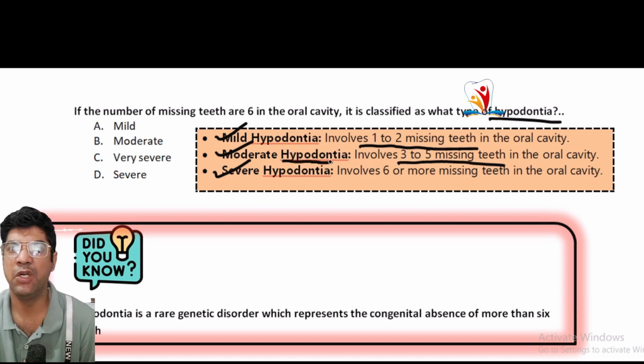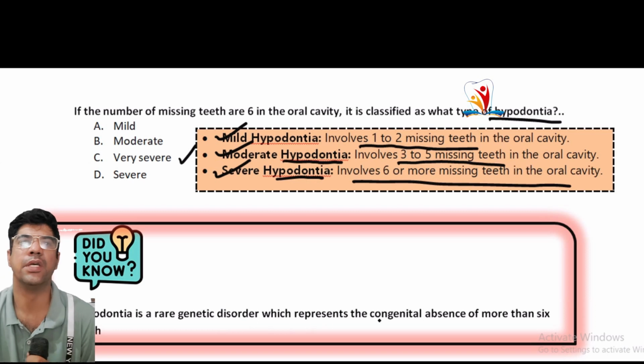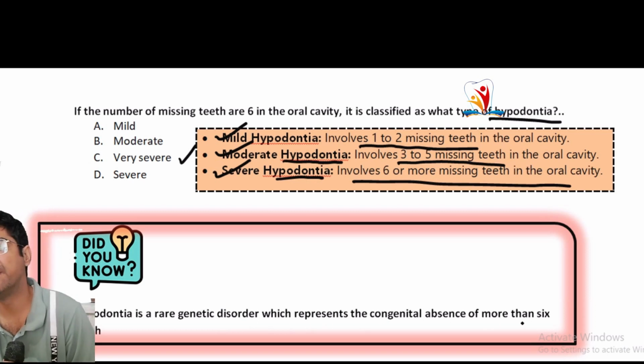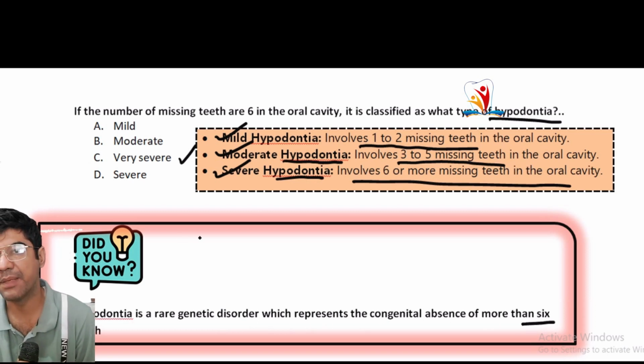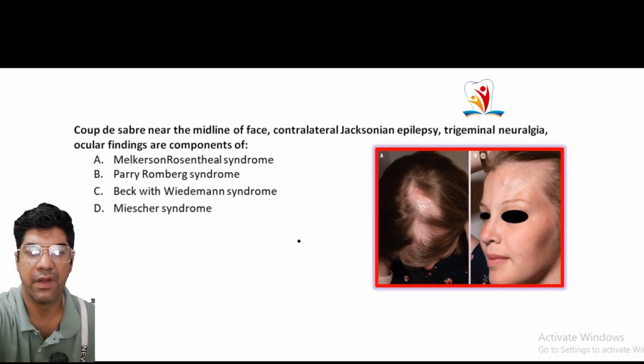If 3 to 5 teeth are missing, it is moderate hypodontia, and severe hypodontia involves 6 or more teeth missing. So the answer is severe hypodontia. Oligodontia is a rare condition that represents missing of 6 or more teeth. That is important from your exam point of view.